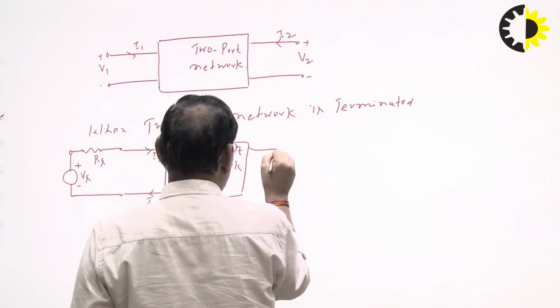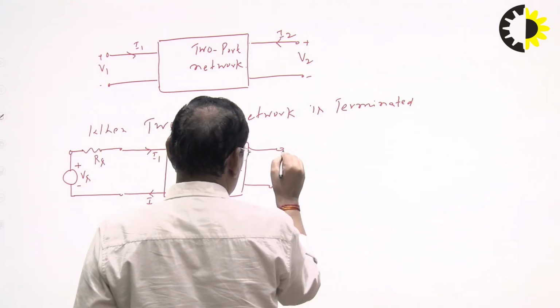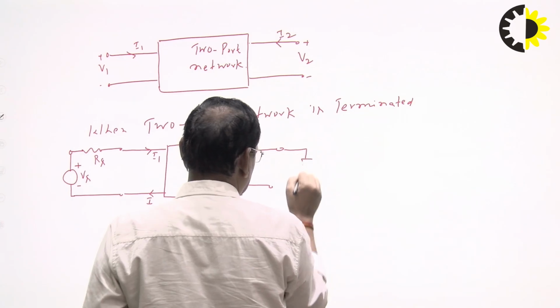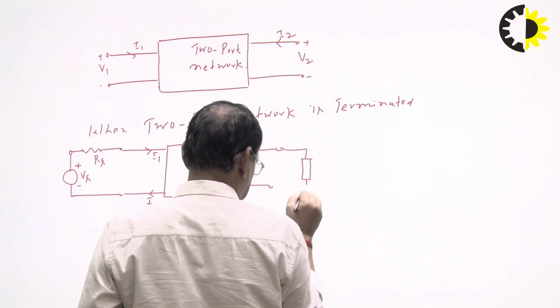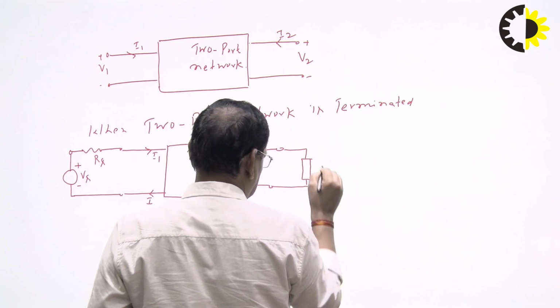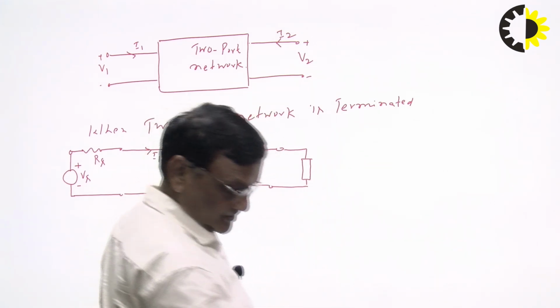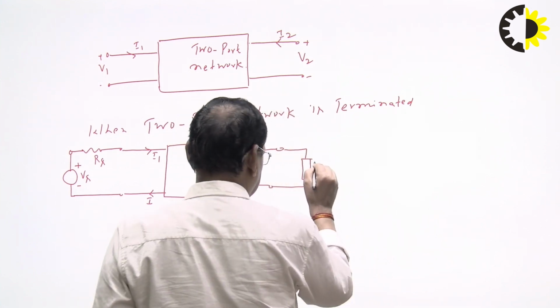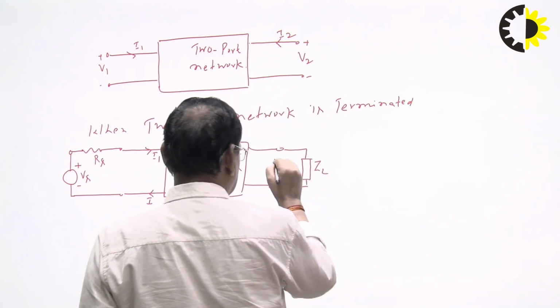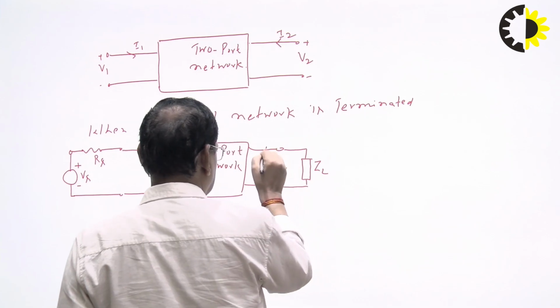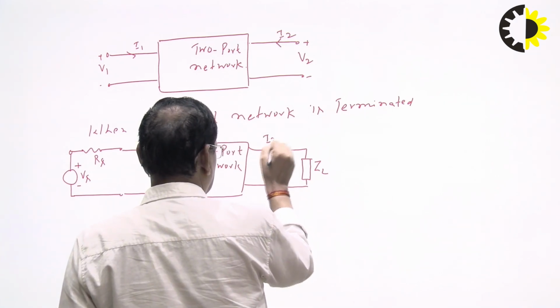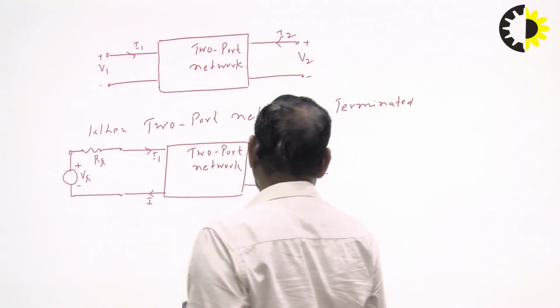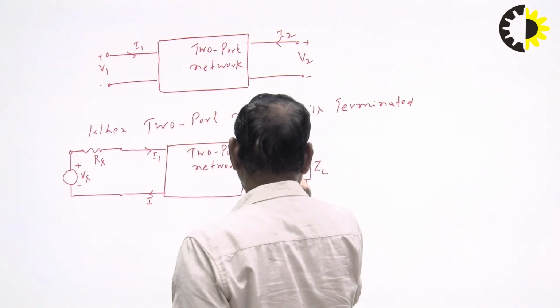And the output port is terminated by some load. Say this is your ZL. And this is your voltage, and this is your current, plus and minus.